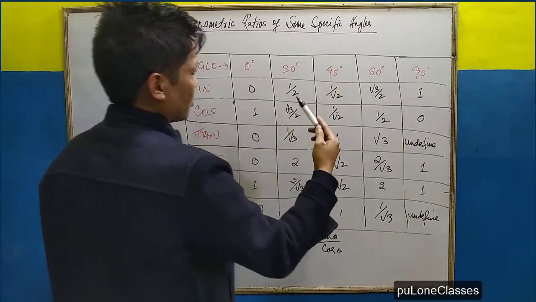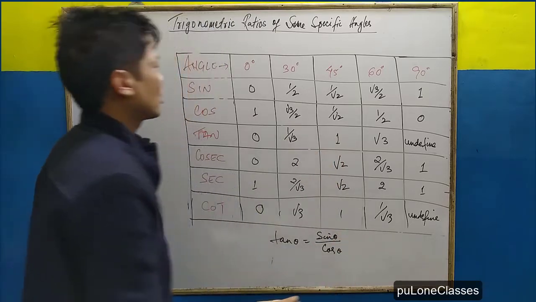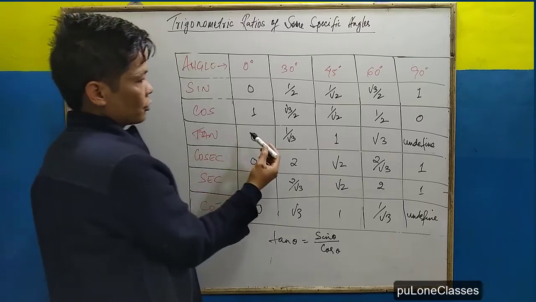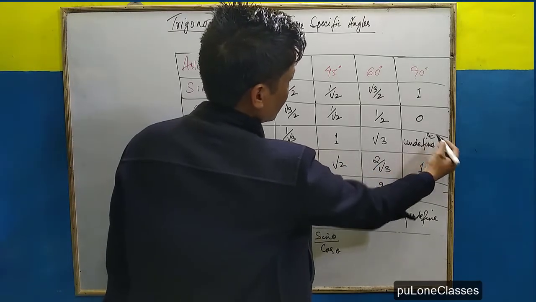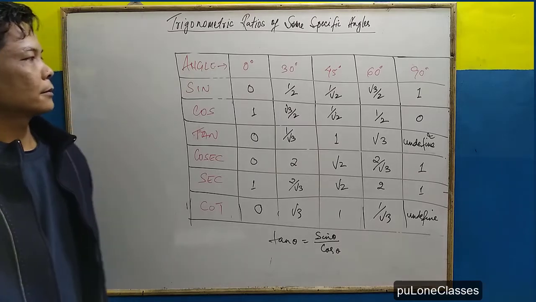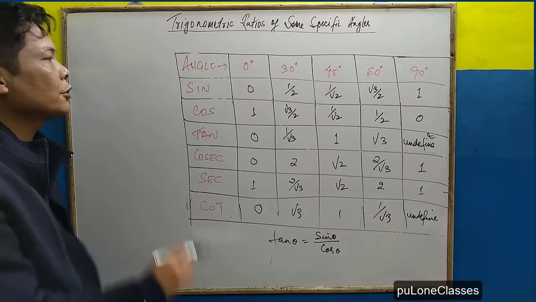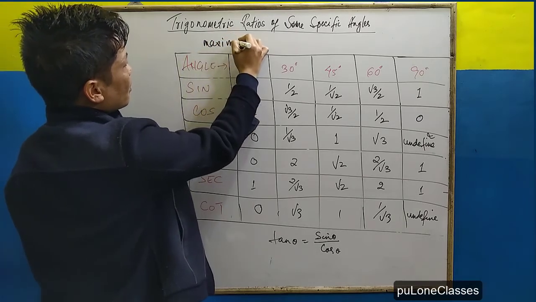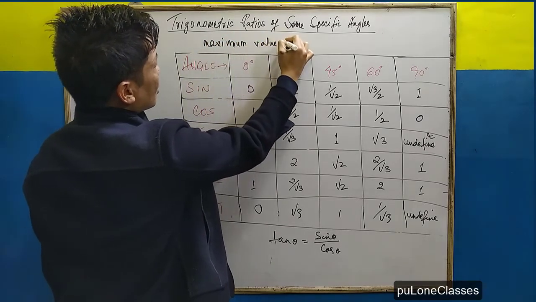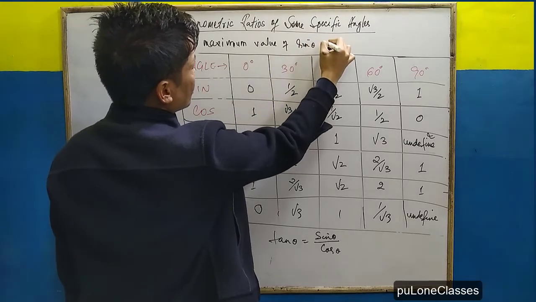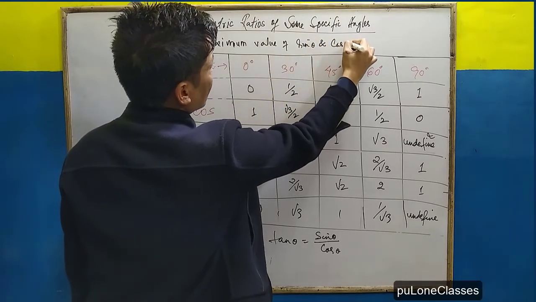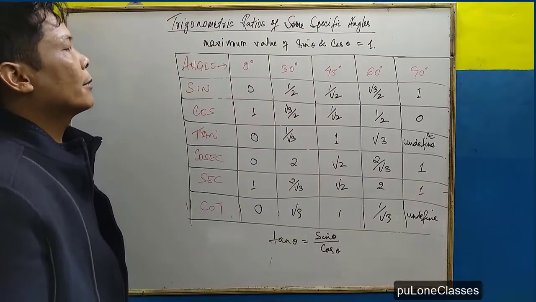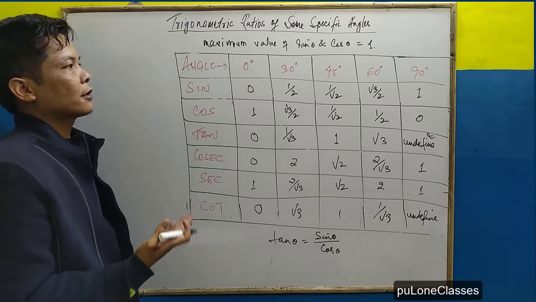And the value of tan increases from 0 to infinity. Undefined means it is up to infinity. And one thing you should know is that the maximum value of sine theta and cos theta is 1. So we cannot get the value of sine theta greater than 1.